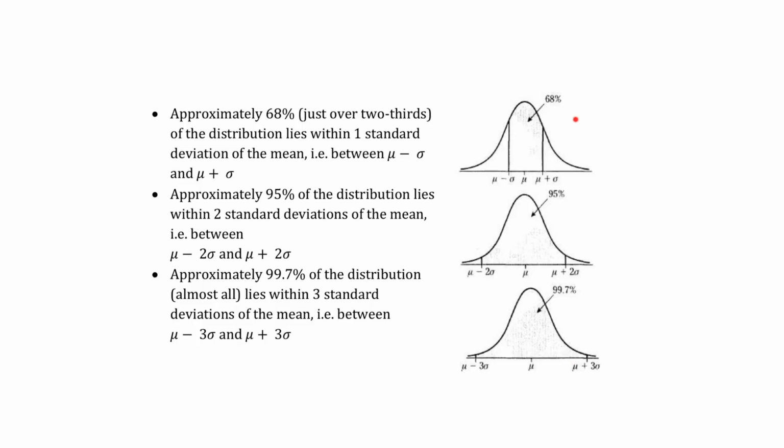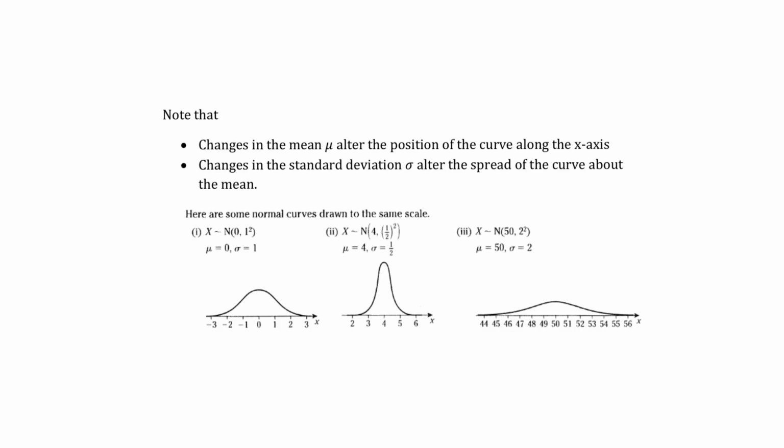But we won't just be using these approximations, we will be calculating the exact probabilities using the normal distribution curve. Now let's look at what happens when your mean is changed or when your standard deviation is altered. For example, there are 3 distributions.